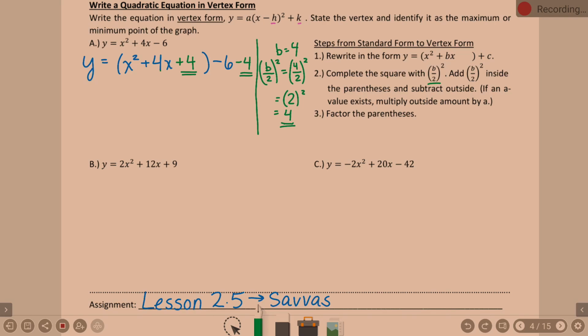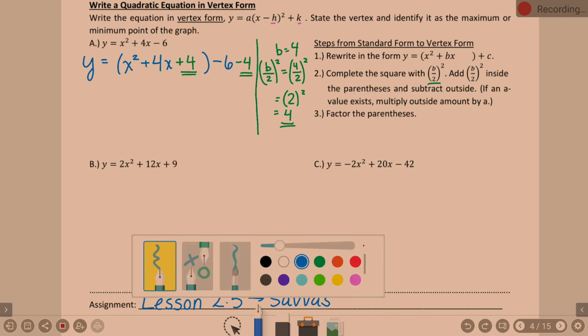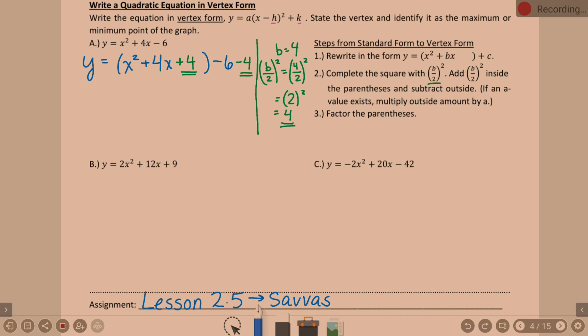Step 3, factor the parentheses. Now, let's see. Can we guess? I'm debating. Normally what I do is I go straight to y equals parentheses squared. If you're not there, can you think of parenthesis times parenthesis if that works better for your brain? Definitely. So x squared plus 4x plus 4 factors into what?